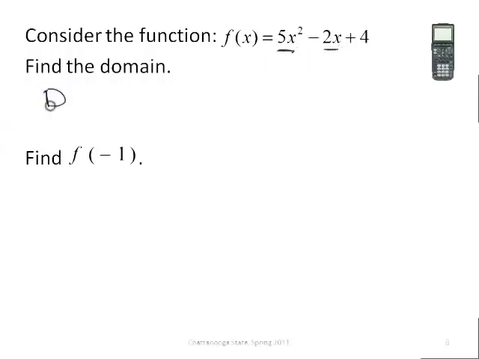So our domain, anytime we're dealing with a polynomial function like this, is going to be all real numbers. That means it could be anything, from negative infinity all the way up to positive infinity.